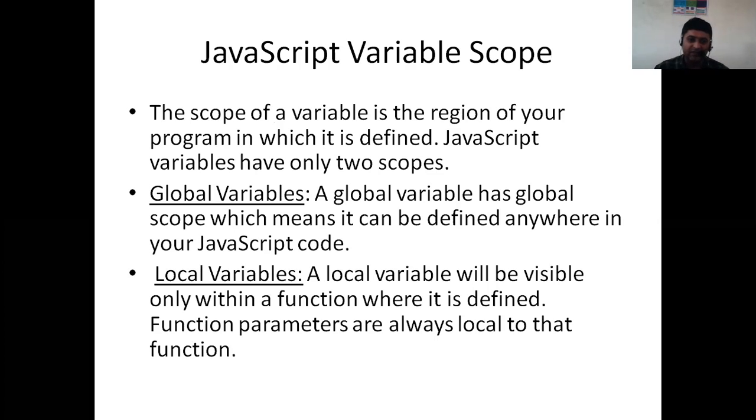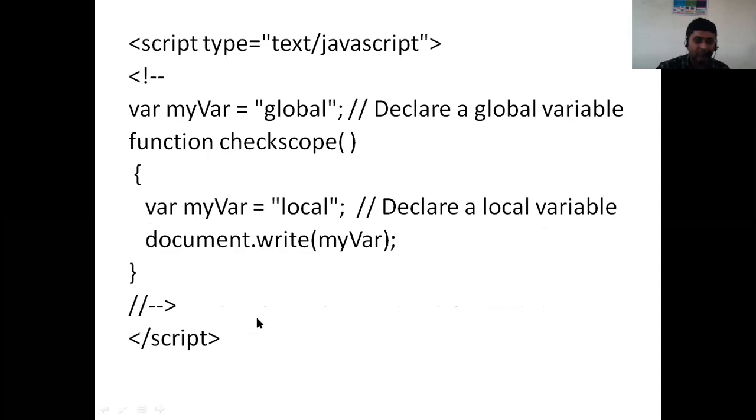A global variable has global scope, which means that it is defined anywhere in the JavaScript code, and a local variable will be visible only within the function where it is defined. So this is an example of a global variable and a local variable. Declare the global variable here with the var keyword, and declare the local variable, that is var myvar, which is a local variable.